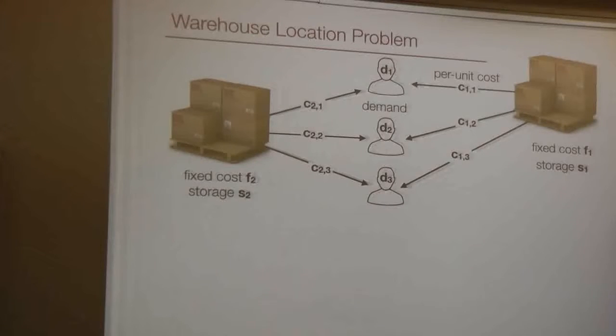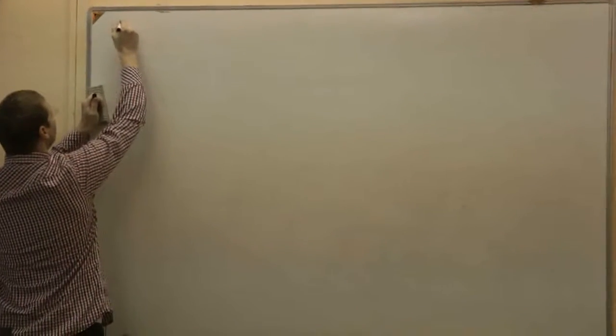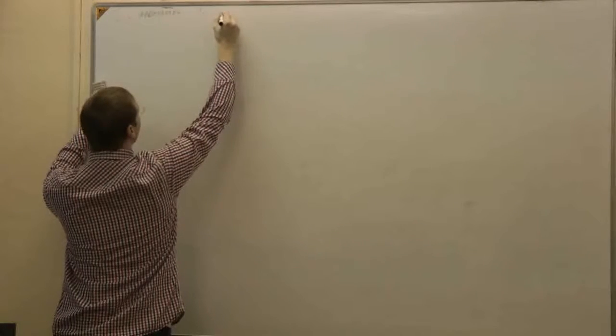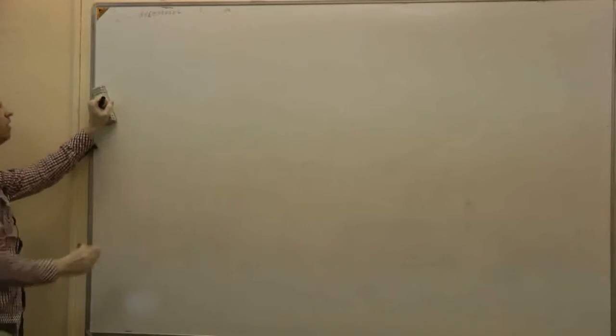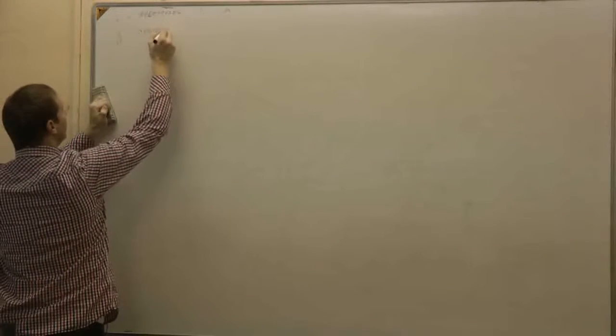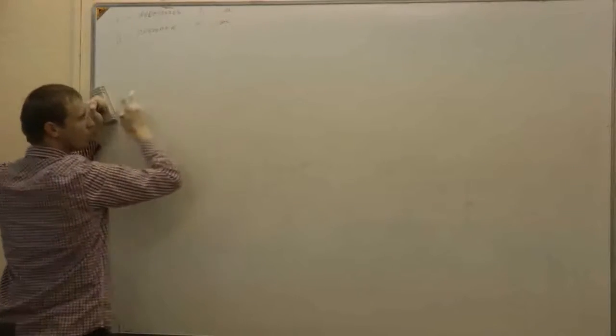Okay. So we already see that we have C. Okay, and let me first say that the index i will be for the warehouses, and we might have warehouses from 1 to m. Okay? The index j will be for the customer. And we have n of those customers here.